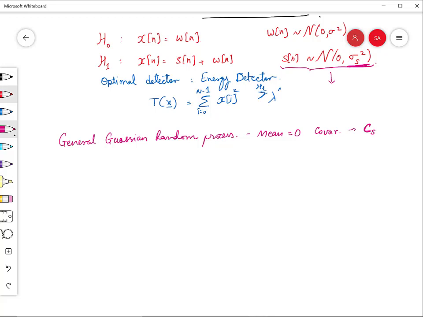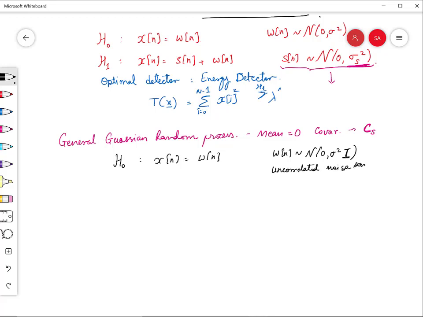Let me again write the problem that is with us. The null hypothesis is again Xn is equal to Wn, where Wn is white Gaussian noise, again with mean 0 and variance sigma square I. I am writing I here just to show that the noise samples are uncorrelated.